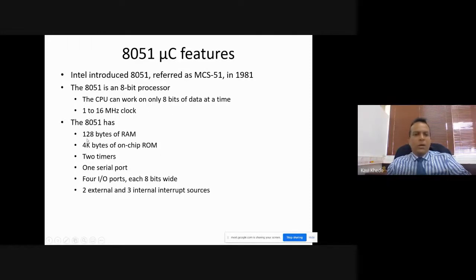Its RAM is only 128 bytes. It has 4 kilobytes of on-chip ROM, like 4K. It has 2 timers, 1 serial port, 4 I/O ports, each 8 bits wide. Okay, so these are some characteristics of this particular microcontroller.